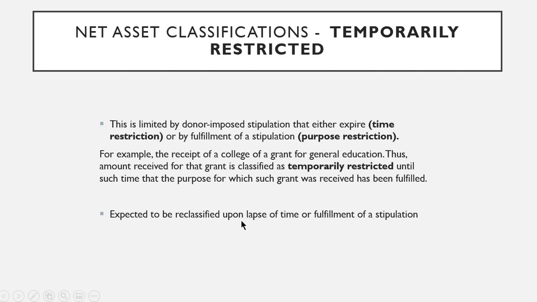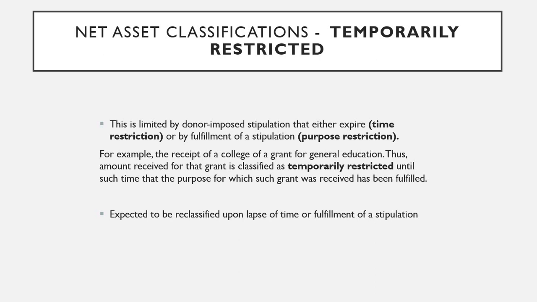For example, the receipt by a college of a grant for general education. The amount received for that grant is classified as temporarily restricted until the purpose for which the grant was received has been fulfilled. So, from the term itself, temporarily restricted.